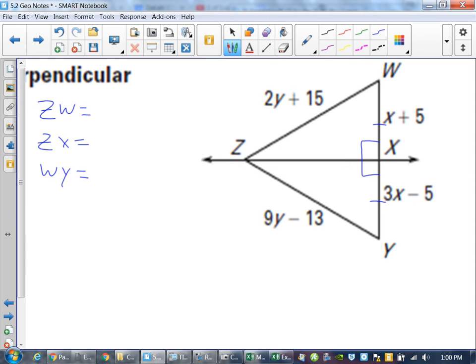Always start by marking your diagram of what you know. Everybody get that okay? Same thing with the other one. Since we know it's a perpendicular bisector, it means these have to be the same.